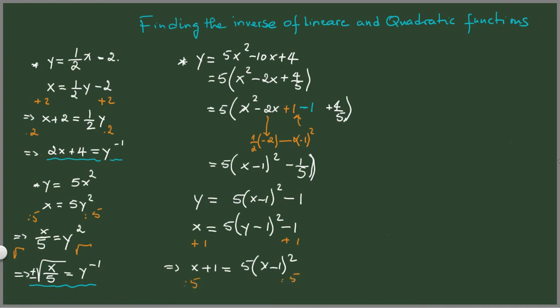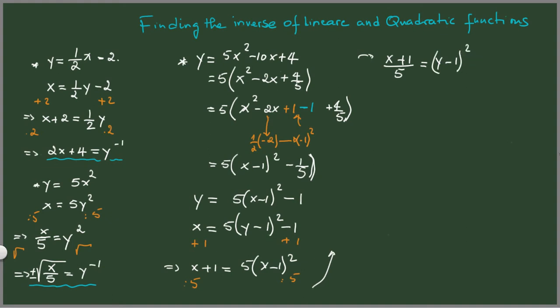This gives us x plus 1 over 5 equals y minus 1 to the power of 2.